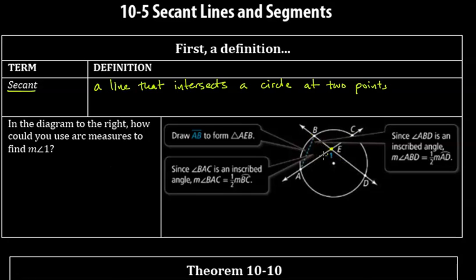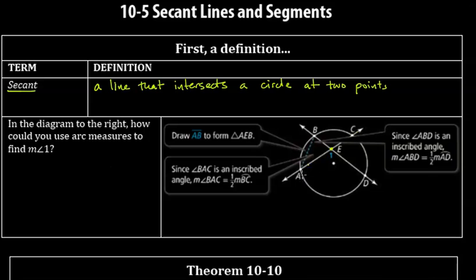And when those two secants intersected, they formed 4 angles, right? Now, I'm looking at angle 1 here, and I know that this angle over here would be the same as angle 1 because they're vertical angles. And let's look real quick and see if there's anything that we might be able to say about the measure of angle 1 and how it relates to any of these arcs that are being intercepted by these intersecting secants.